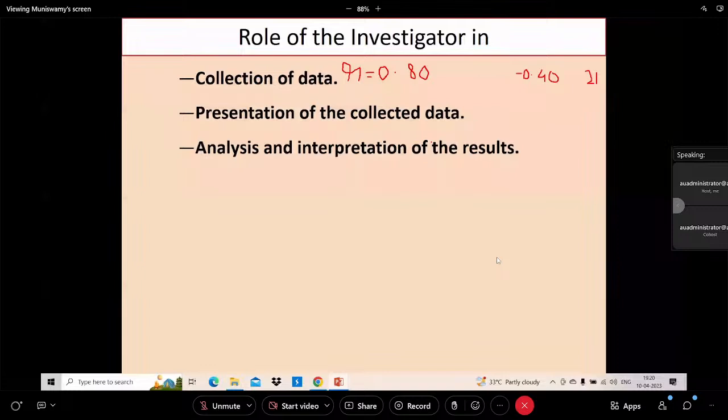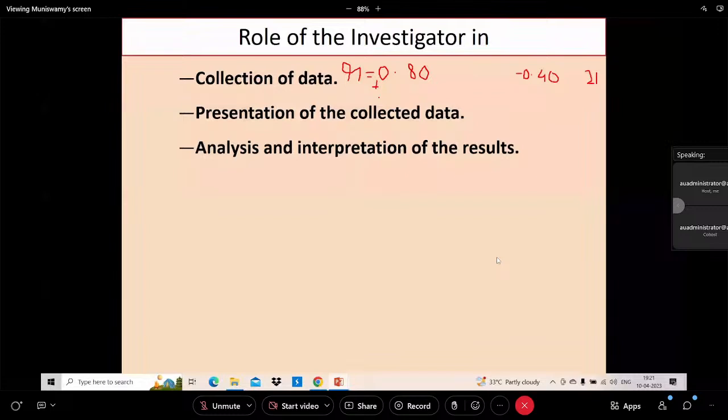Here the relationship is plus, in the sense of a positive relationship. That means one variable is increasing, and the other variable is also increasing. Height is increasing, weight is also increasing. Concentration of ethanol is increasing, optical density is also increasing. That is what correlation says.